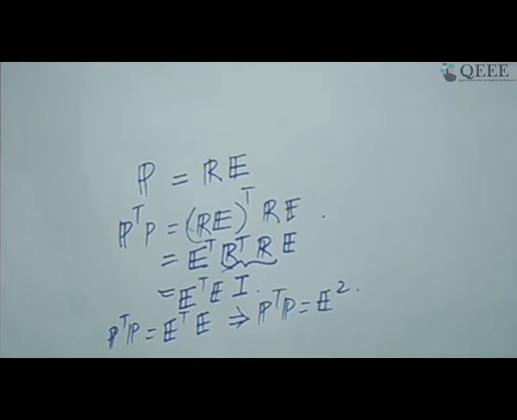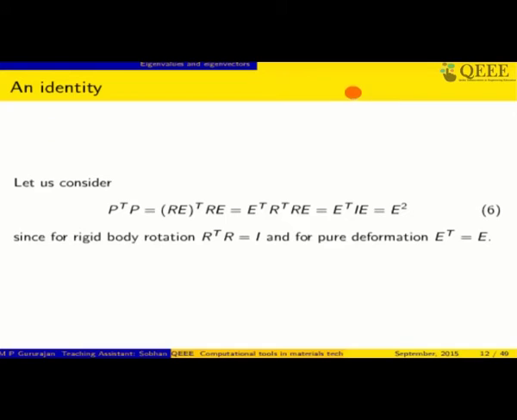This is an identity. Let's go back to the slide. Slide 12 shows this identity: P transpose P is equal to E squared.